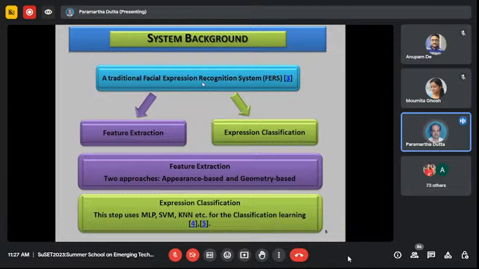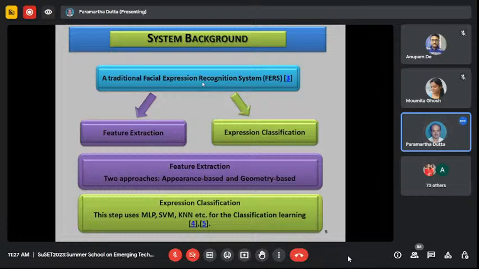Okay, so here it is. Now there are two distinct directions, or two distinct initiatives, that may crop up. One is related to feature extraction, and another is expression classification. In feature extraction, there are two approaches, primarily appearance based and geometry based. We have already mentioned that our primary focus will be geometry based.